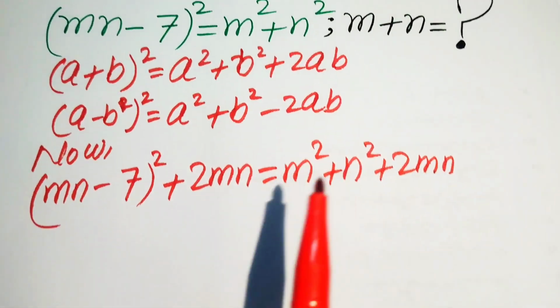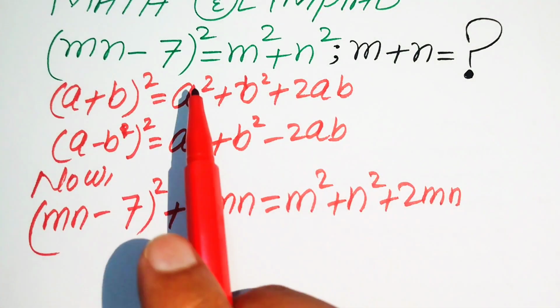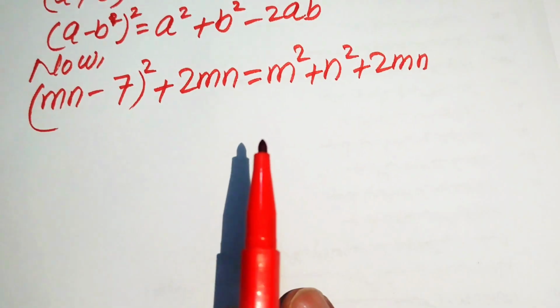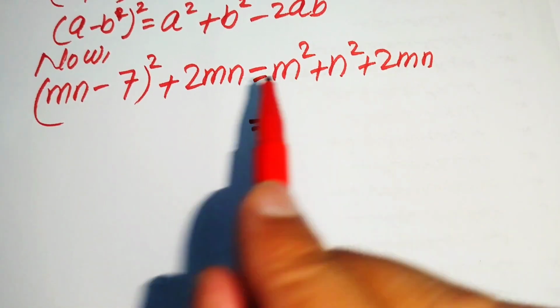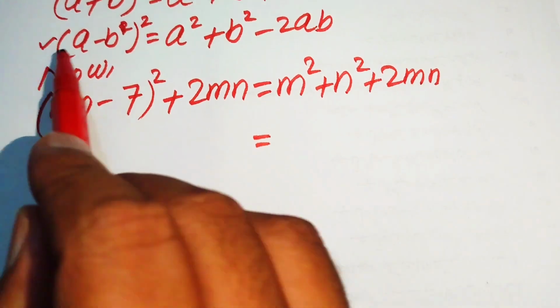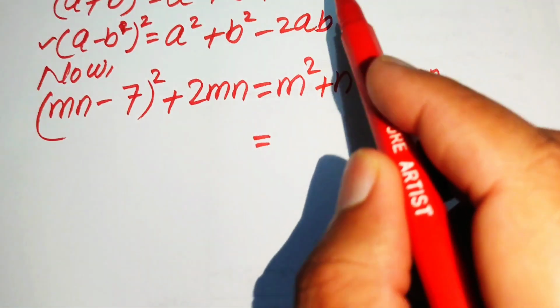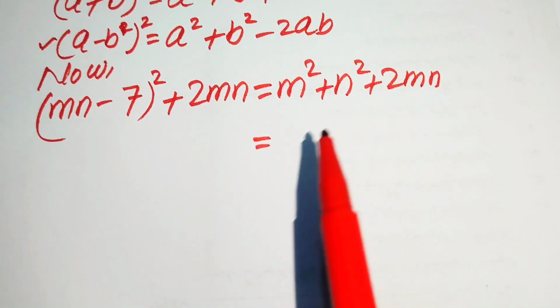Here we just add plus 2mn on both of the sides of the given equation, and after that we need to simplify the terms, so that we just use this nice square identity on the left hand side and we use this identity to the right hand side.